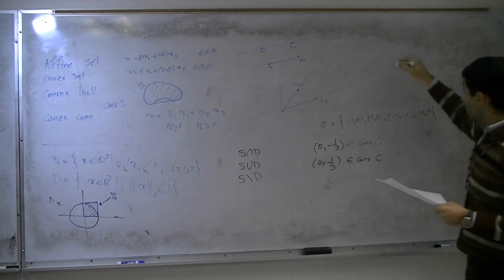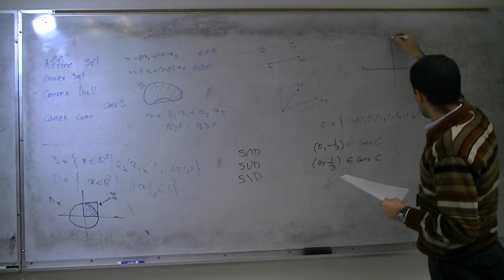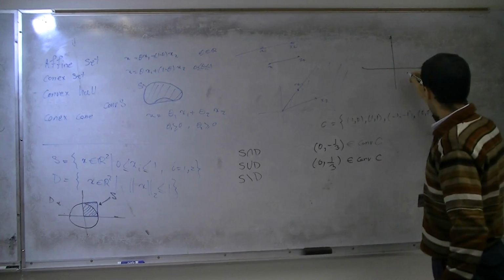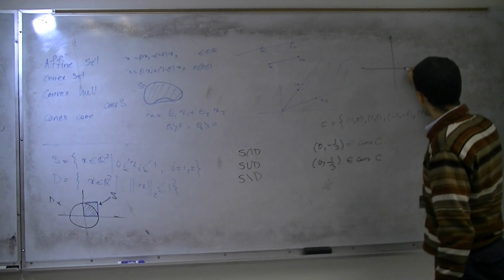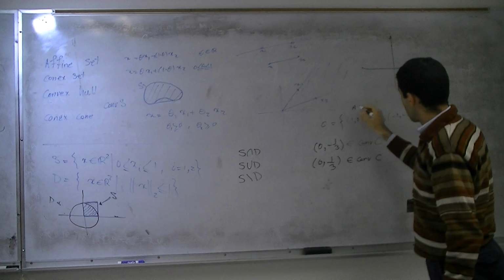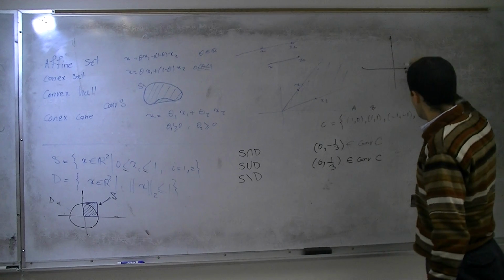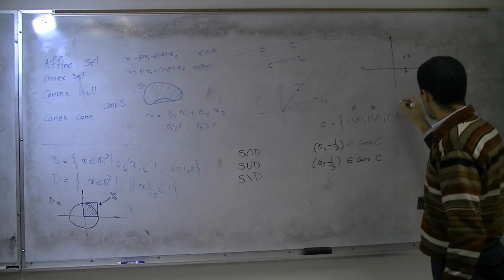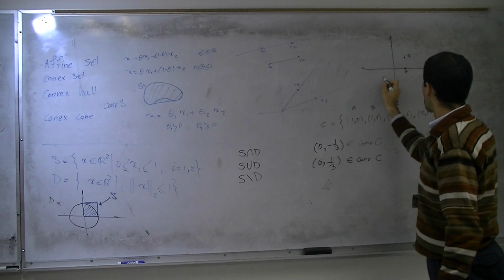We have 4 points here. Let's draw a picture and see what the conv of C is. First point is A, which is (1, 0). B is (1, 1). C is (minus 1, minus 1).